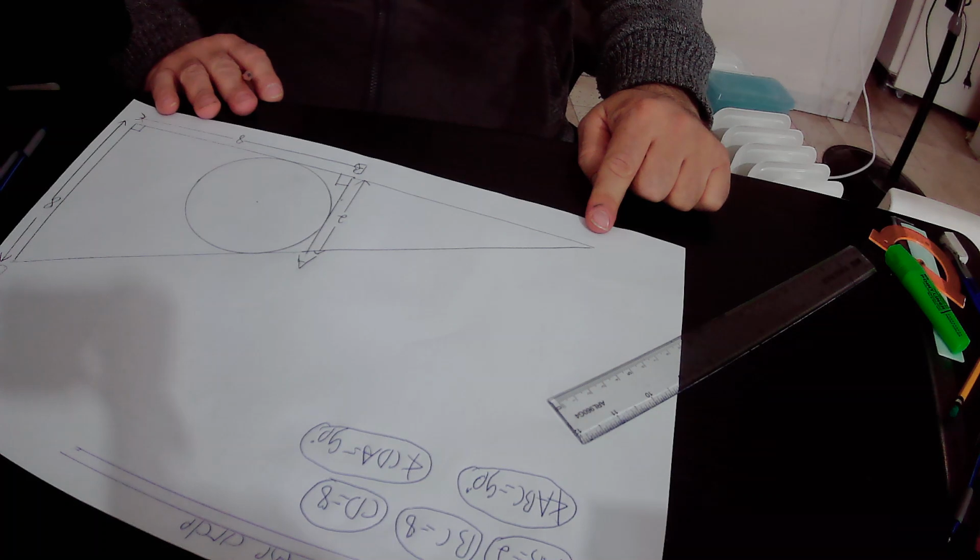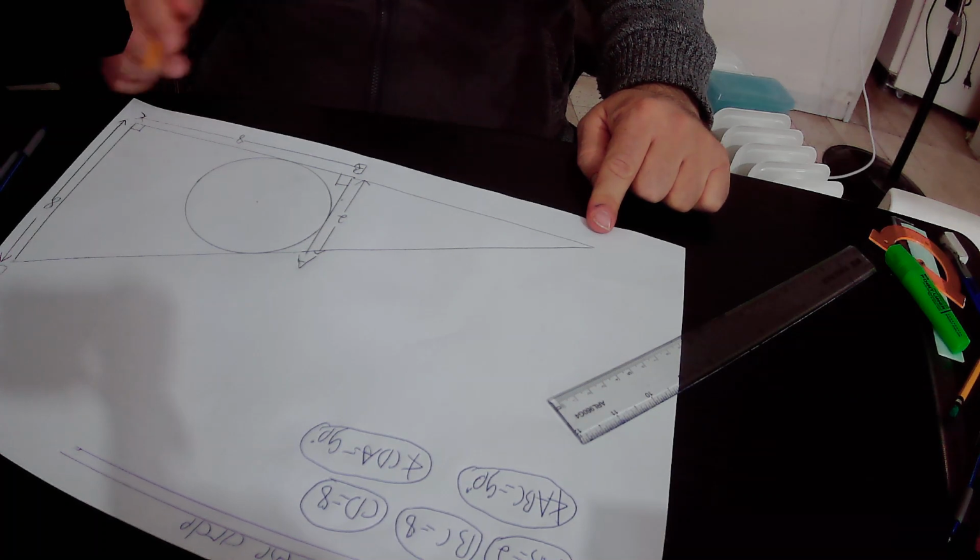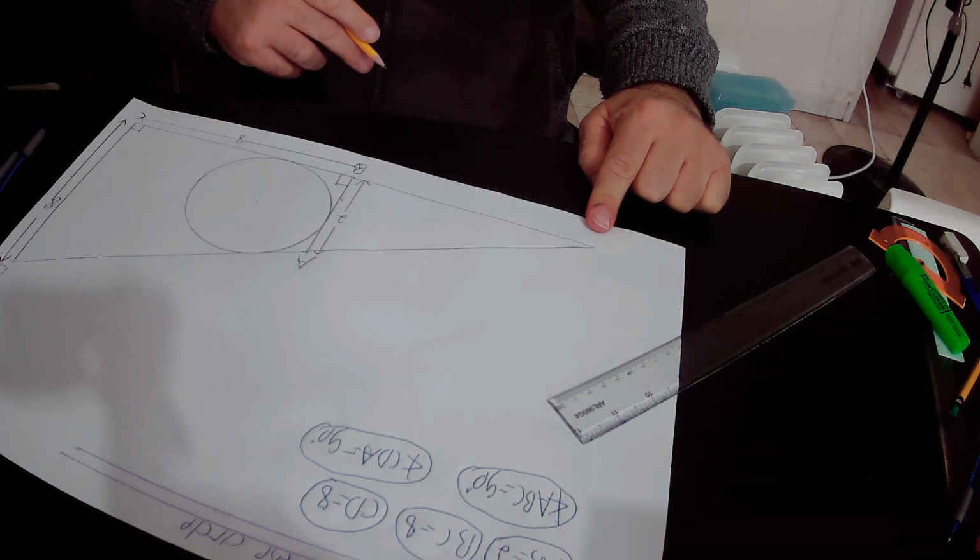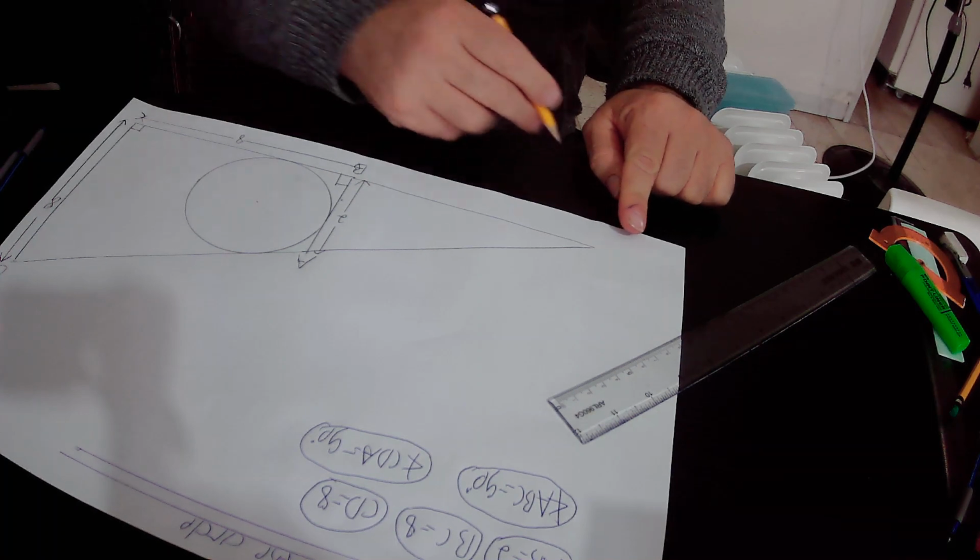So this is the touching point of the extended side DA and side CB. We define the touching point as M.